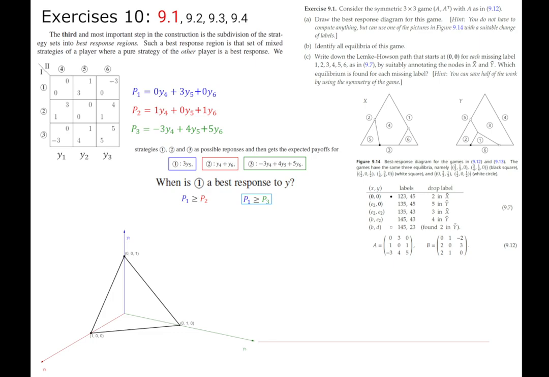So, question is, when is player 1's strategy 1 a best response to the strategy of player 2? So, when is payoff 1 greater or equal to the payoff of strategy 2 and greater or equal to the payoff of strategy 3?